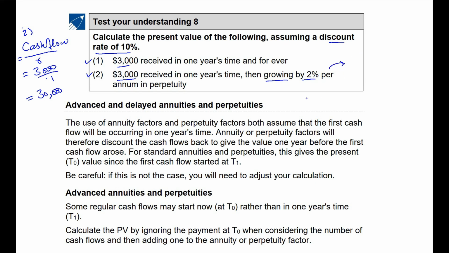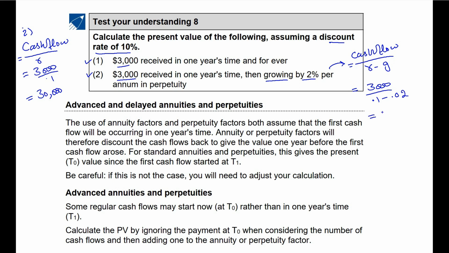And in this case we have the growth of 2% per annum, so we will use this formula: cash flow divided by R minus G. G stands for growth. So we have the cash flow of 3000 divided by 0.1 minus growth of 2%, which means 0.02.